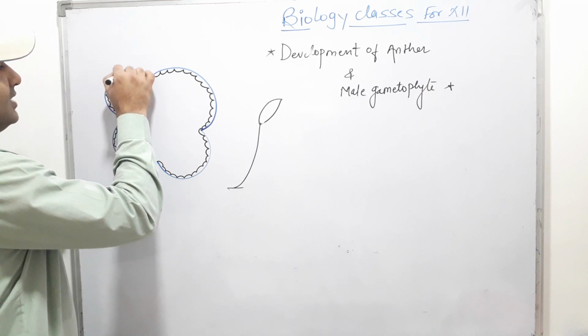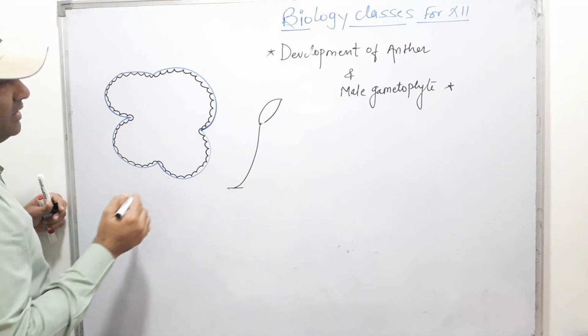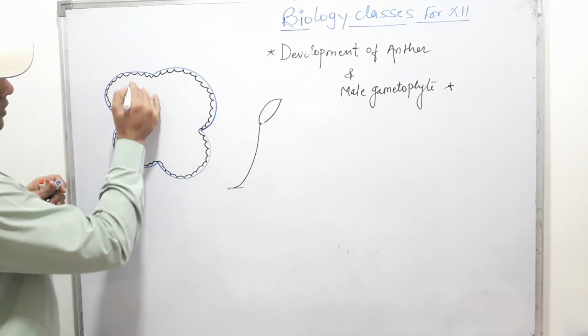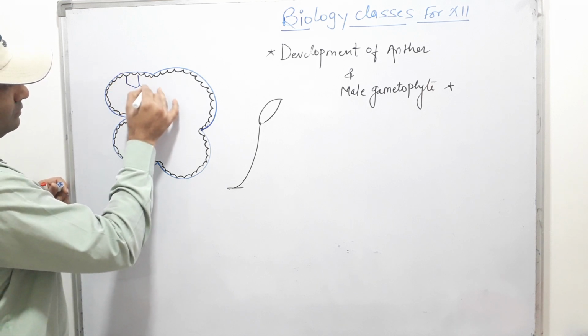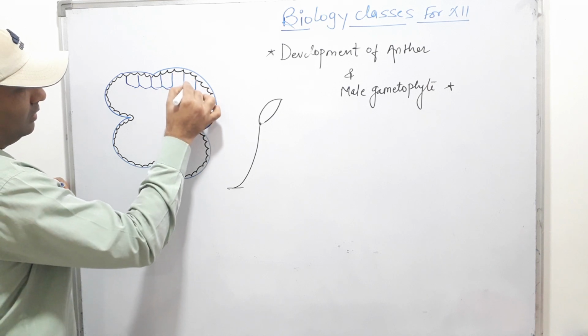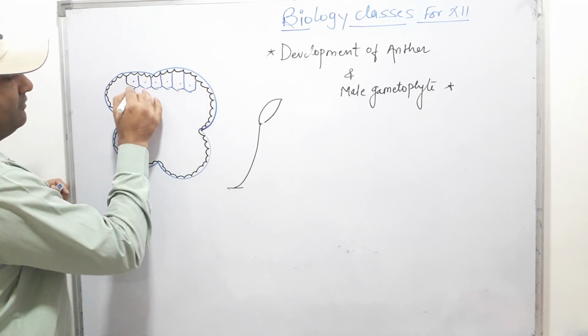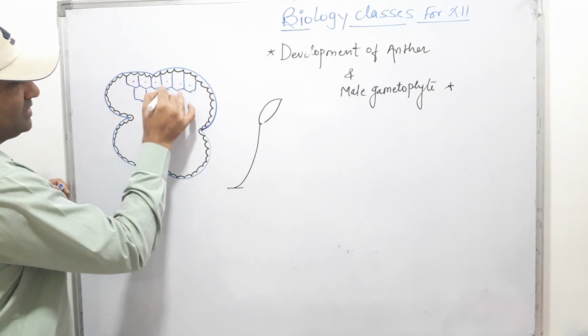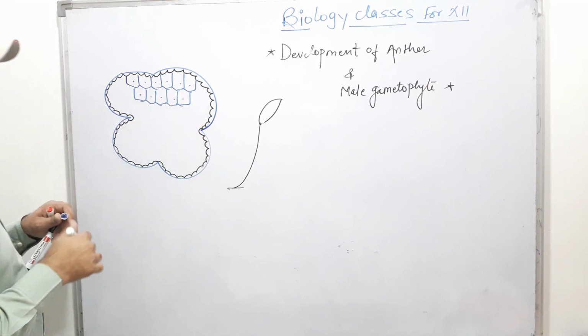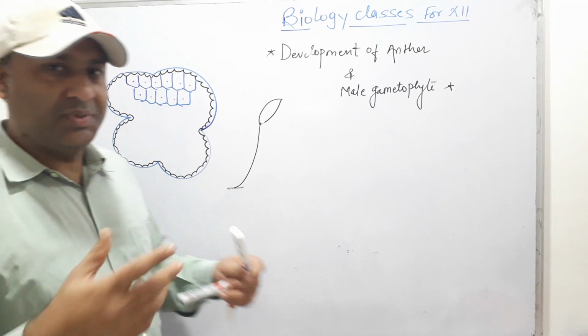After the epidermal cell, it contains a large amount of meristematic cells or mass of undifferentiated cells. As we know, the meristematic cell is an undifferentiated cell which further differentiates into specific structures.